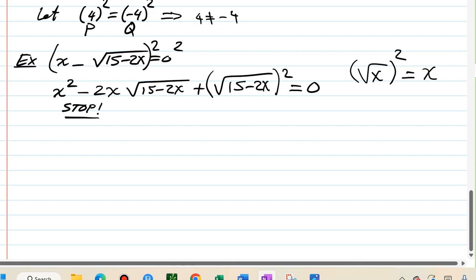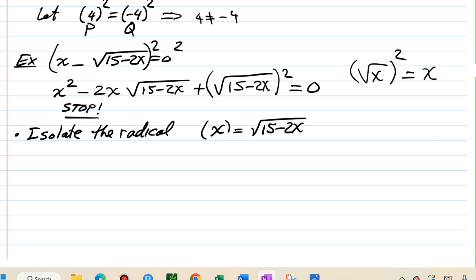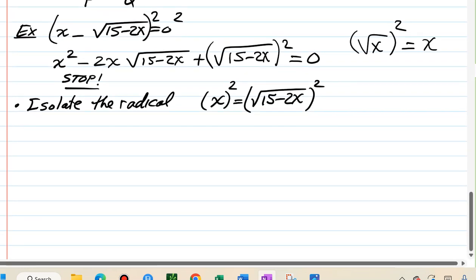So what we want to do is first isolate the radical as much as possible. To isolate the radical, I'm going to move it simply to the right side. Now I can square both sides. If I square it now, I'm squaring a single term on the left and a single expression on the right, and it will do what we expect it to do.